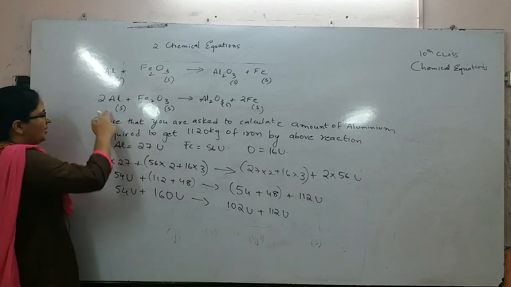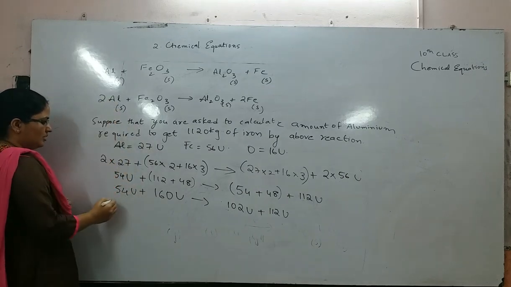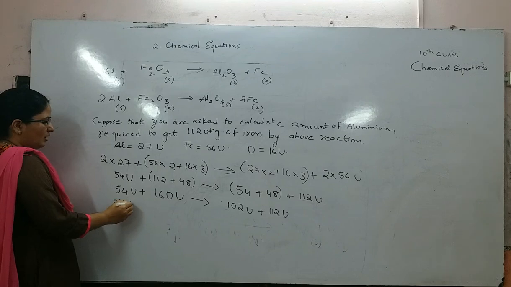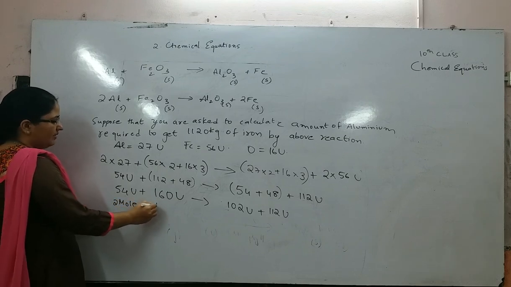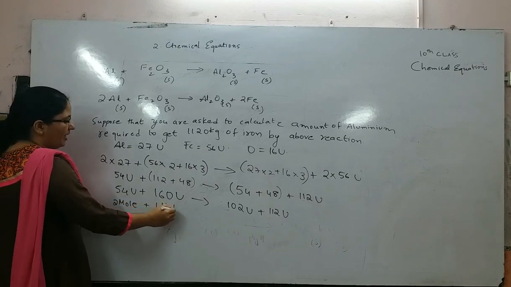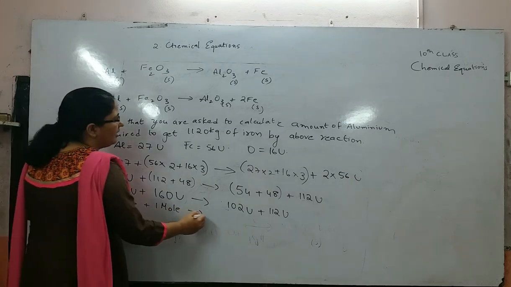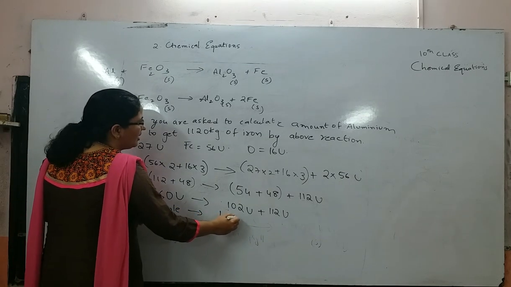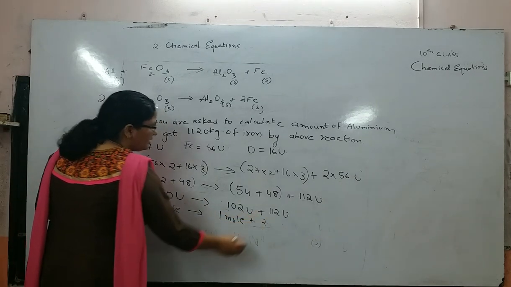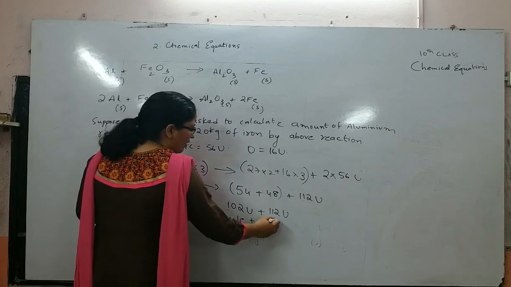So here how many moles of aluminium exist? 2 moles. 2 moles of aluminium react with 1 mole of iron oxide to give 1 mole of aluminium trioxide and 2 moles of iron.